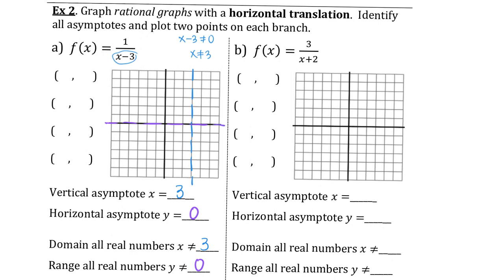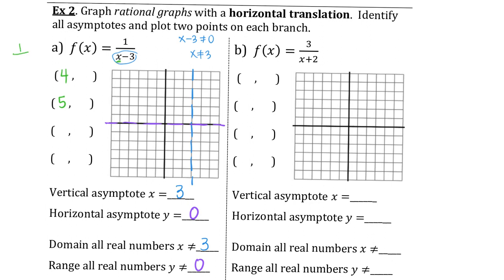Okay, now I want to pick a couple points on each side because it's asking for 2 points on each branch. Again, sometimes we'll only do 1. Since this is x equals 3, I want to pick a couple points to the right of x equals 3. So maybe 4 and 5. I'm going to plug this into the function.